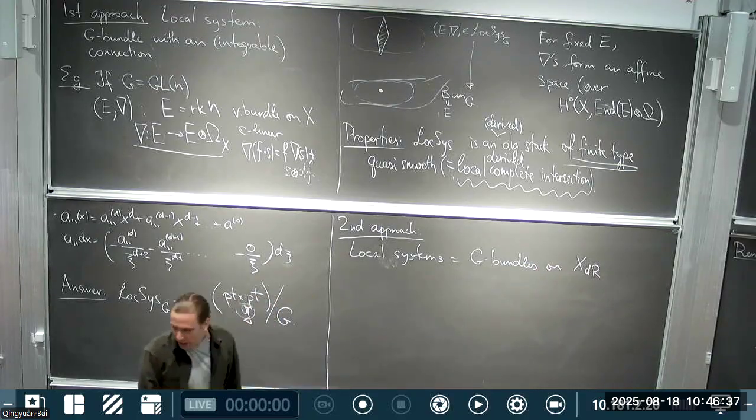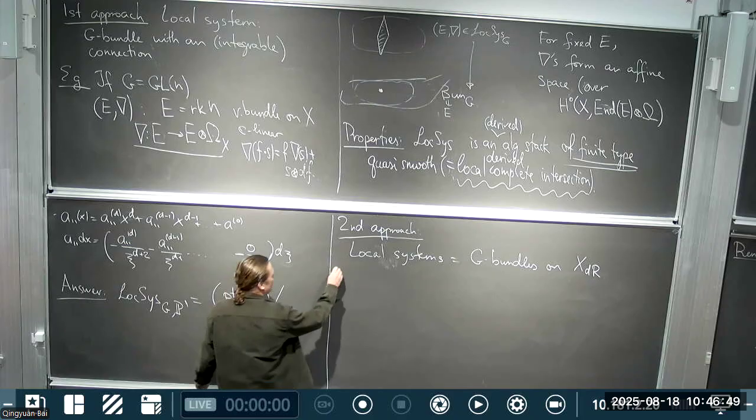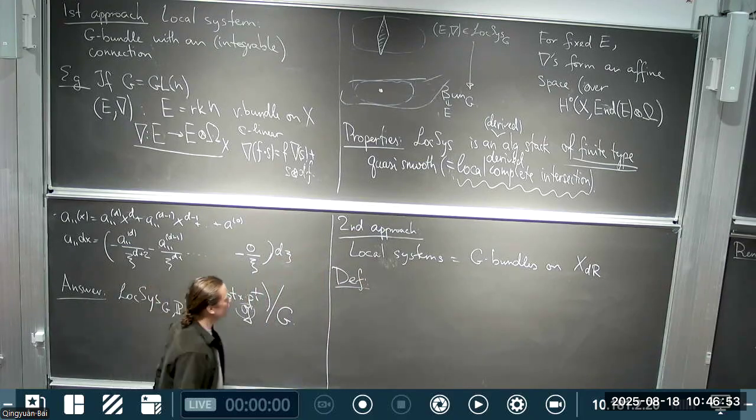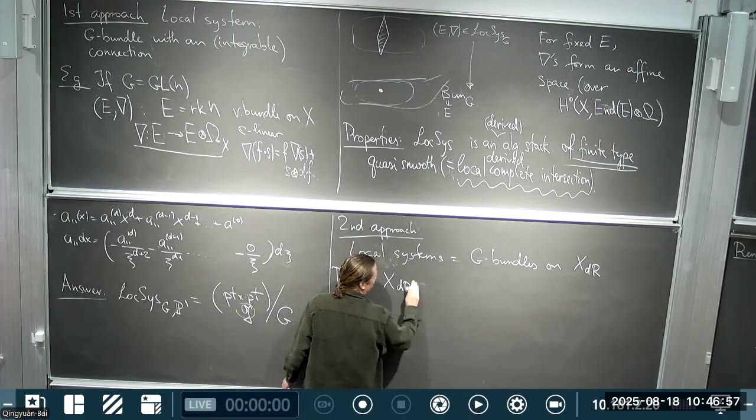where this is one of those definitions that's very easy to write down, but it takes a long time to digest. So let me at least formally write a set of definitions. So first we define X de Rham.